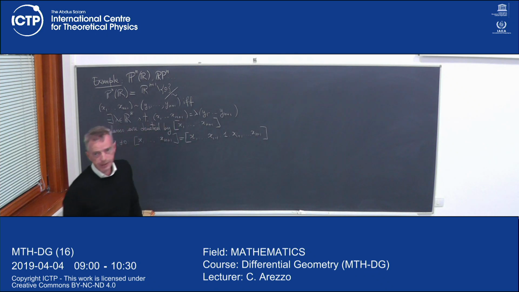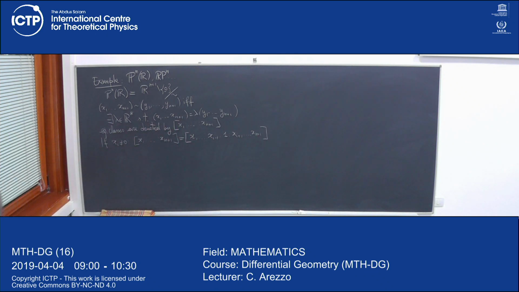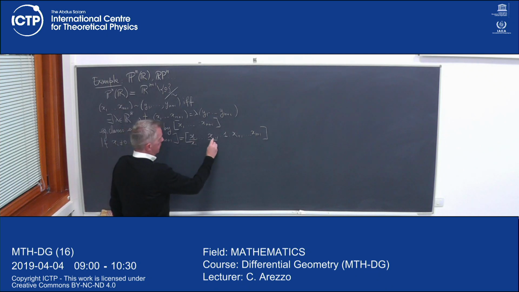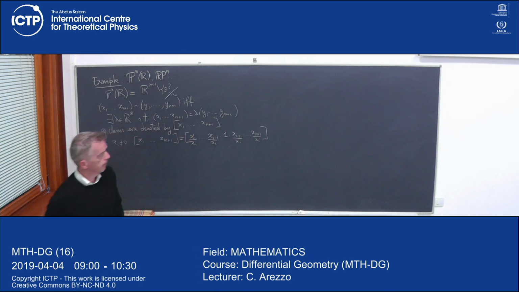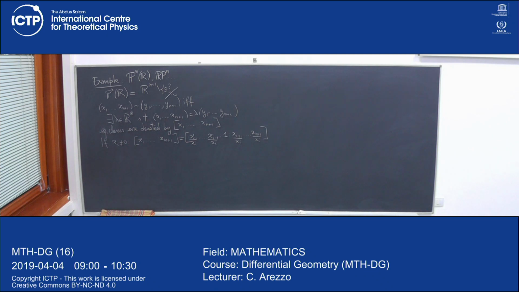So there is always a representative with exactly 1 in the coordinate which is different from zero, dividing by all the others. Otherwise, it's equivalent to something of this form.